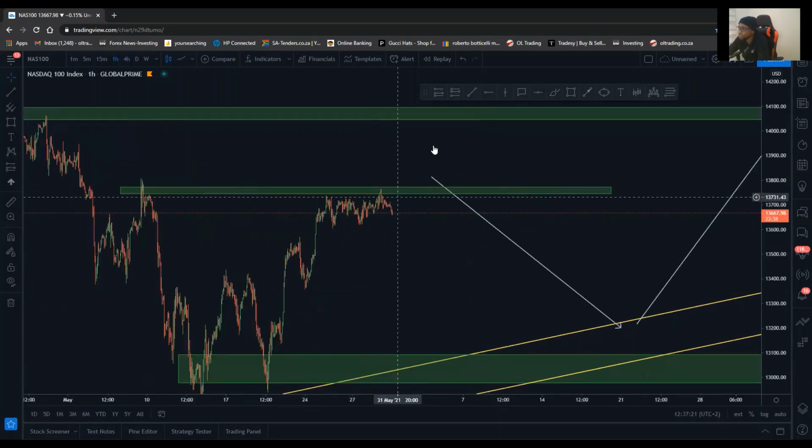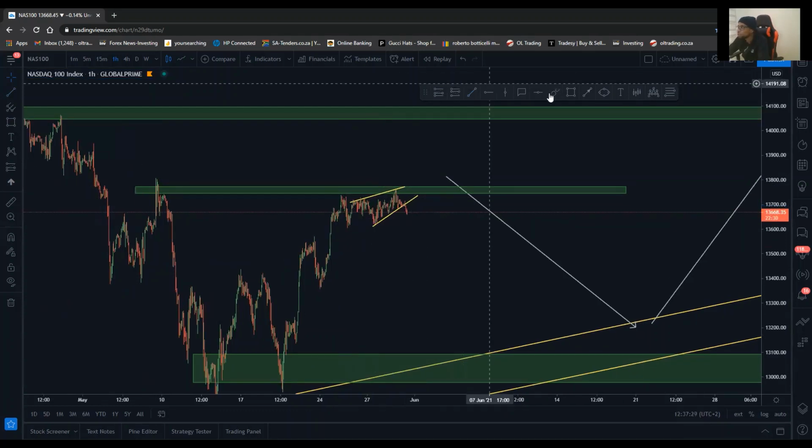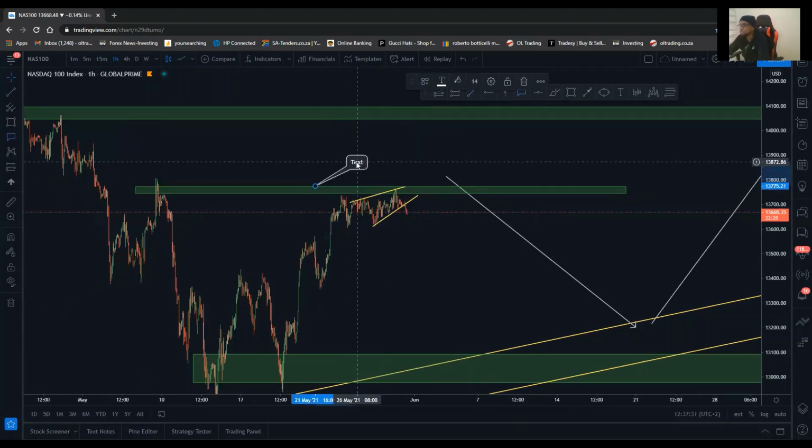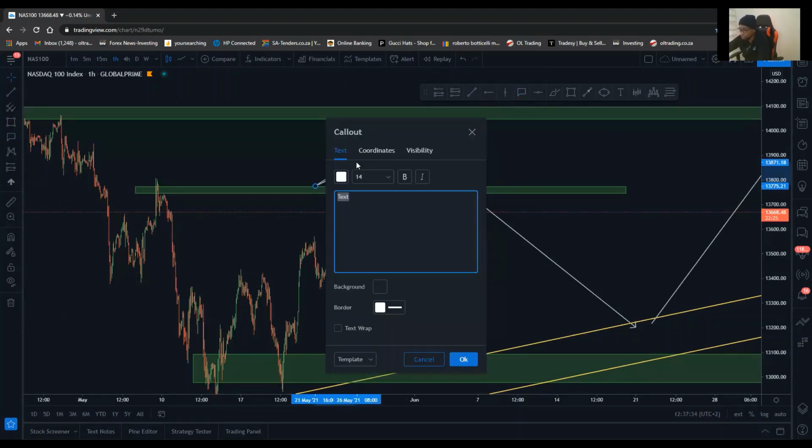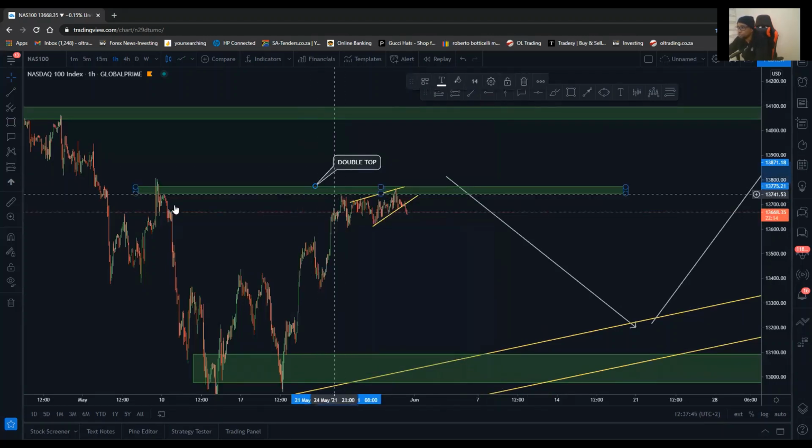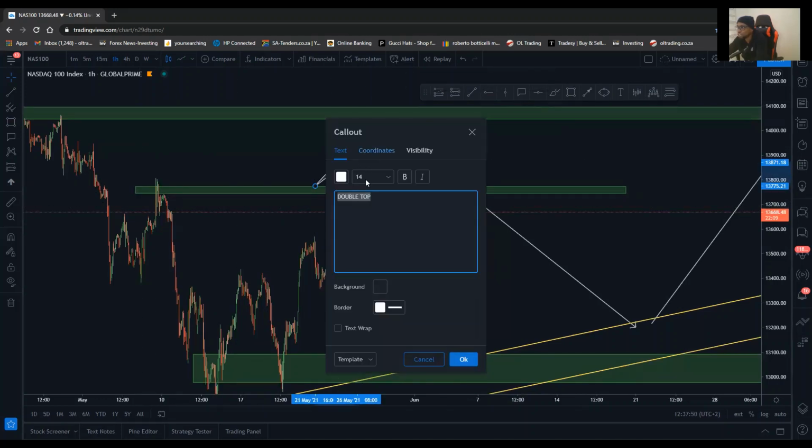Voila, I see a price chart pattern. You can see here. So the note that you will have here: double top. You can say double top, but you have one, two, three. I can say triple top.